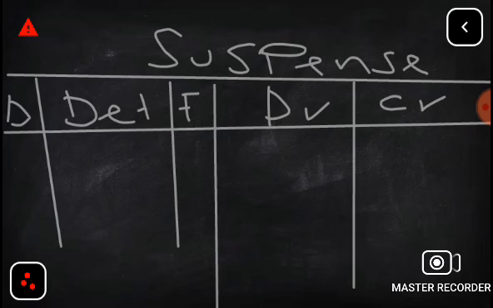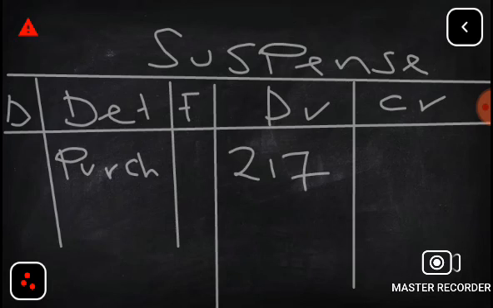So in the details here, we have purchases. Remember that the suspense was debited, so we debit suspense with 217. So you have recorded your transactions in your suspense account and in your journal. By doing so, you have done all the obligations you were taught to do.